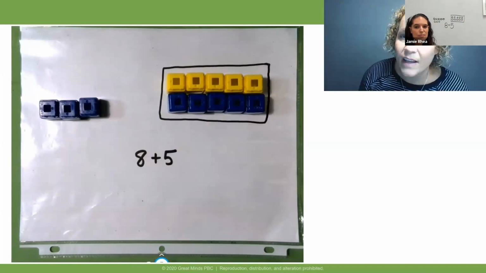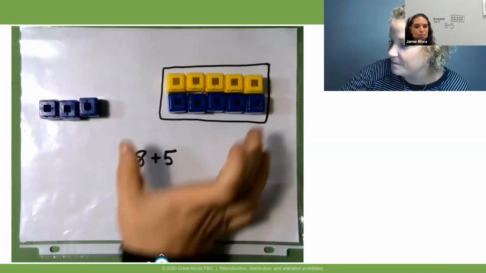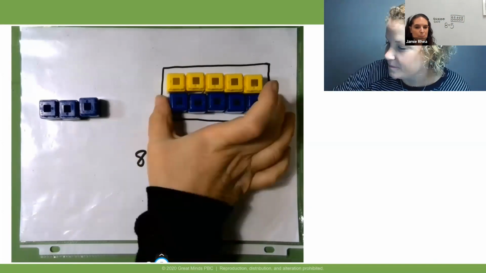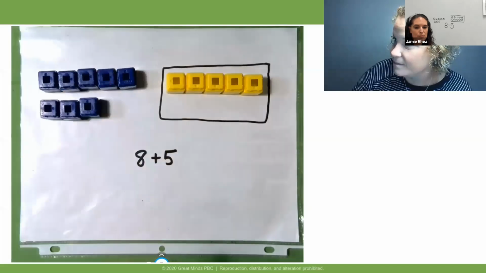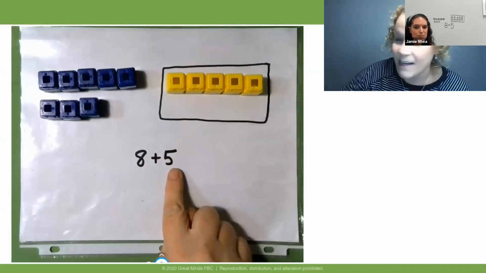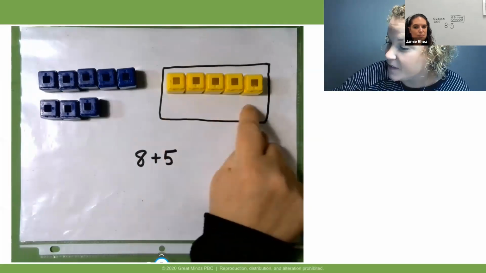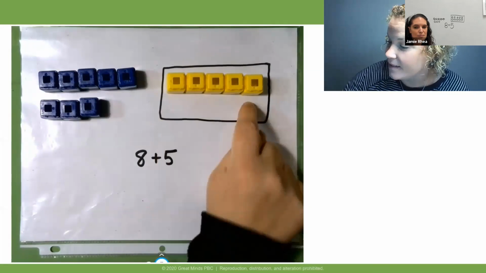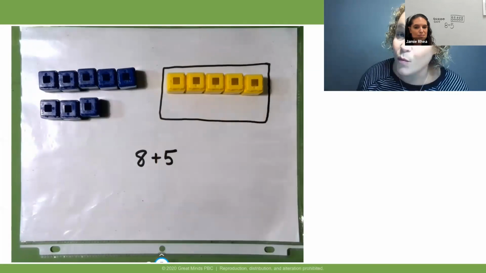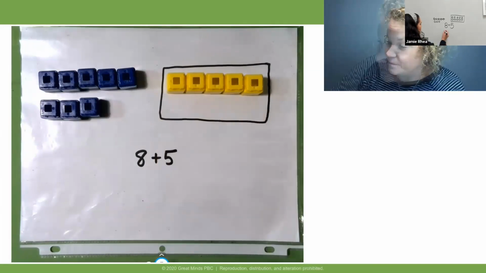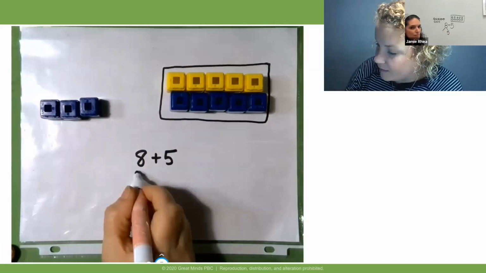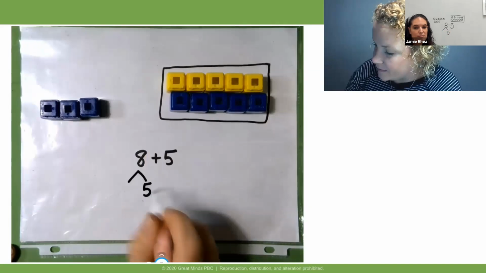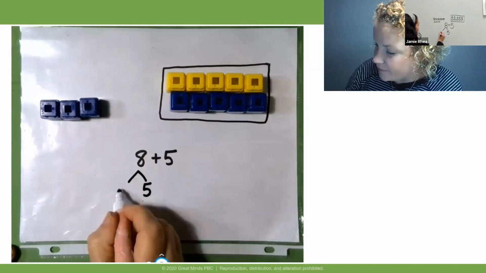Let's show what we just did. We started with 5 and we wanted to make 10. Well, we could see that that needs 5 more. So we took 5 from 8. Let's break apart 8 into 5 and 3.